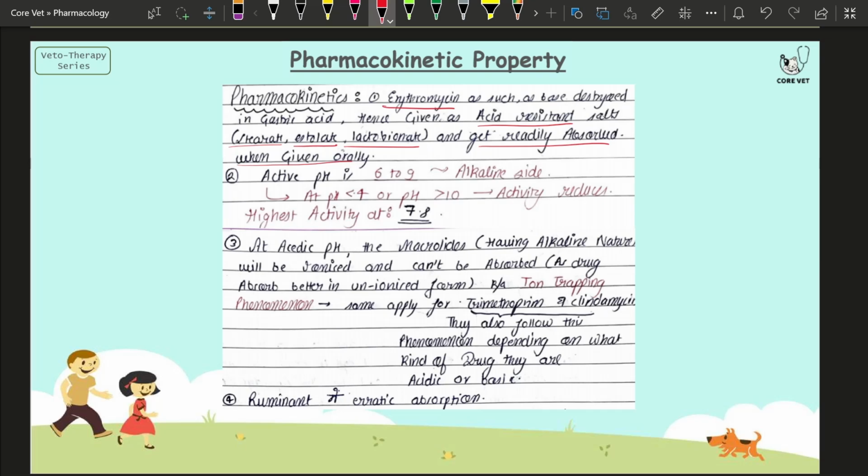The macrolides are more active at pH 7.8, and the effective pH range for the action of the macrolide is 6 to 9. So the most efficient action is obtained at pH 7.8, and the macrolides are active at pH 6 to 9, right?